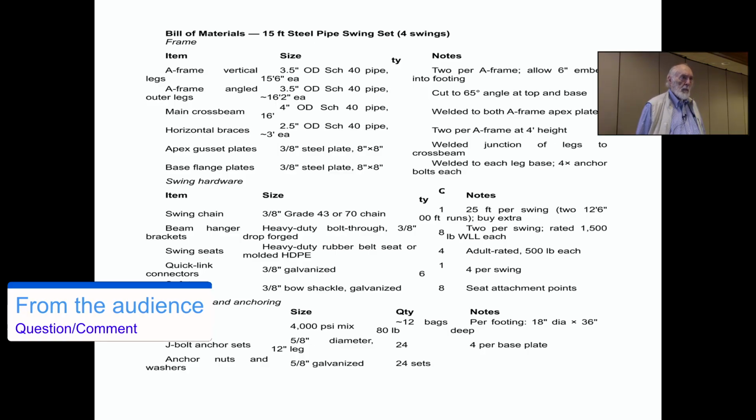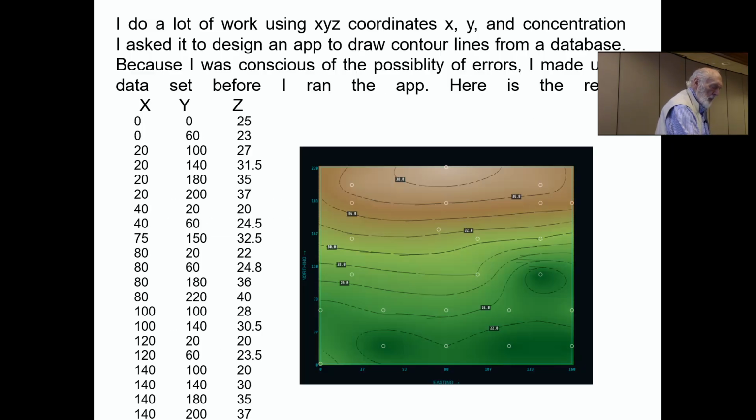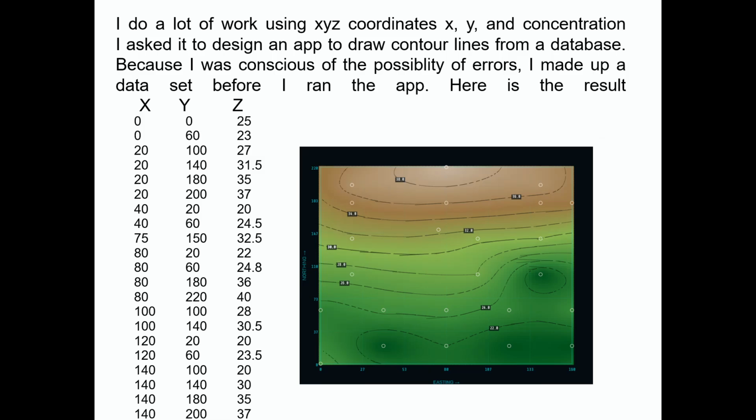I concur. I just threw this up as a simple example of the type of stuff that you can do. I do a lot of work using X, Y, and Z coordinates. I got tired of spending $400 and $500 for various graphing programs, no matter how good they were.